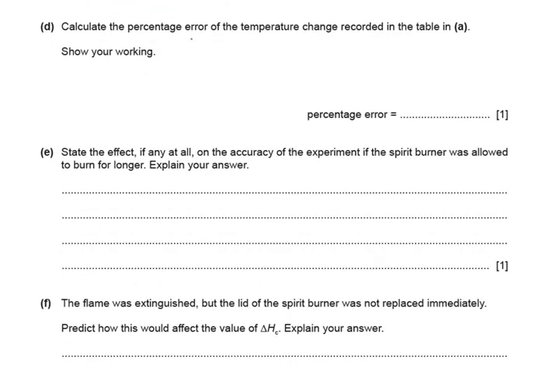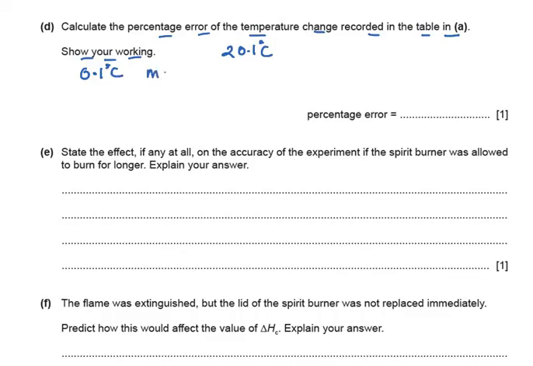Now the next part of the question says calculate the percentage error of the temperature change recorded in the table in A. The temperature change, as we had already seen, was 20.1 degrees Celsius. Now show your working. What we had done was use a thermometer with a calibration of 0.1 degrees Celsius.